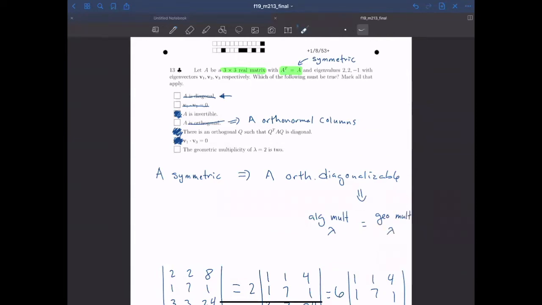So because our matrix is symmetric, we know that it can be diagonalized orthogonally, but the orthogonal part isn't necessary. It's diagonalizable, and if a matrix is diagonalizable, then every algebraic multiplicity is equal to the geometric multiplicity. And so therefore, because this eigenvalue has algebraic multiplicity 2, it has to have geometric multiplicity 2 as well.